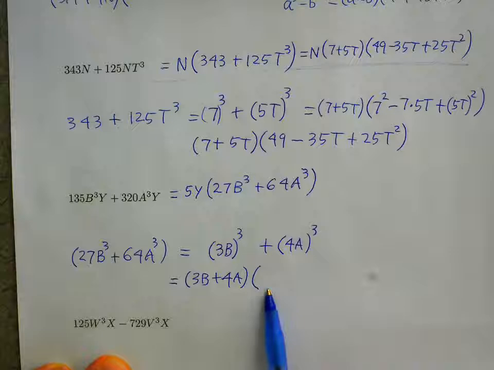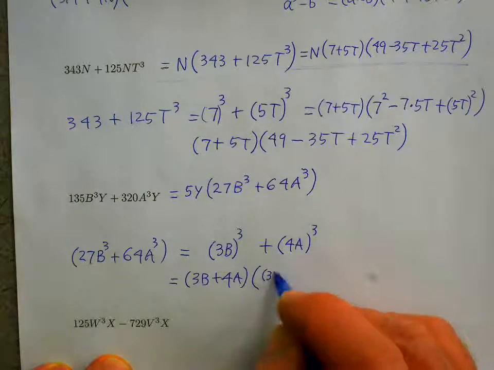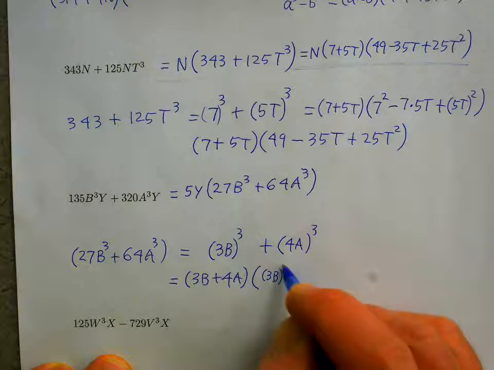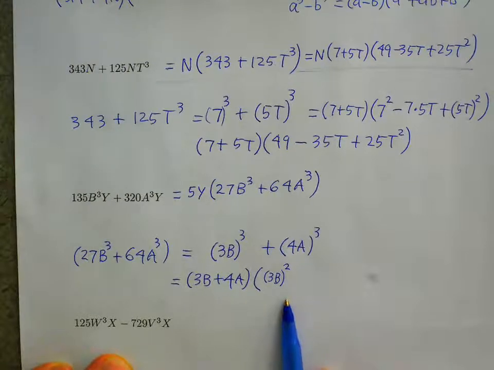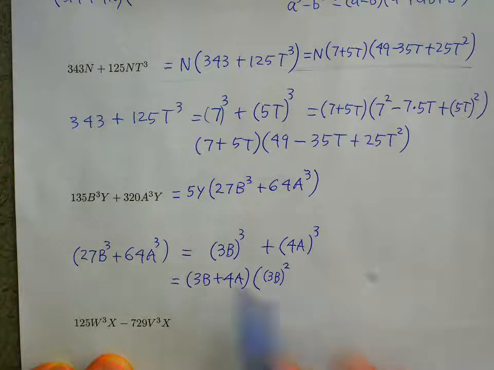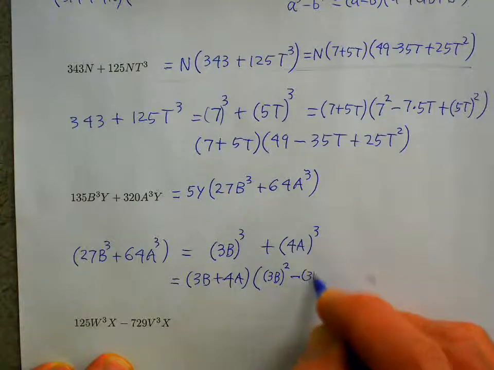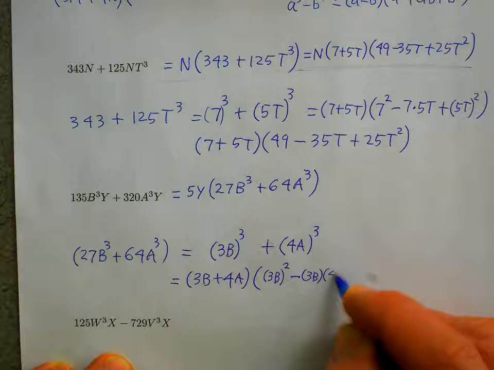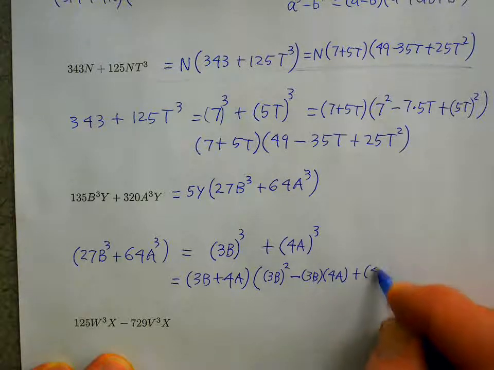Then in the trinomial, the first term is what we get when we square 3b. I'll write it in a little more detail. It's not absolutely necessary, but maybe it will help when we're starting out. So we're going to square the term 3b, then we're going to subtract 3b times 4a, and then we're going to add what we get when we square 4a.